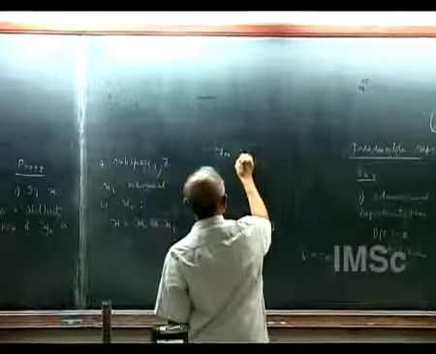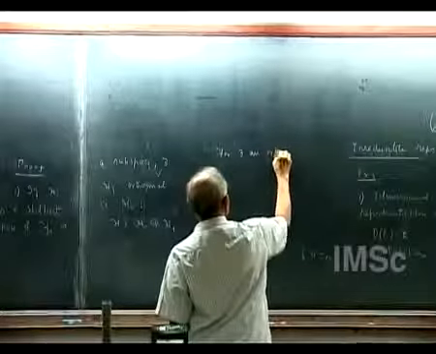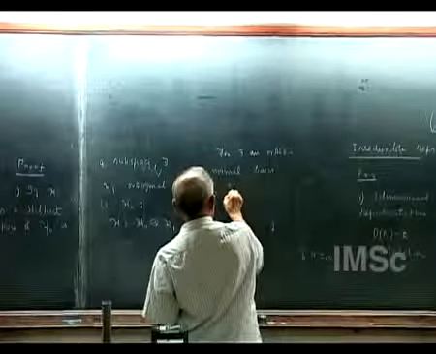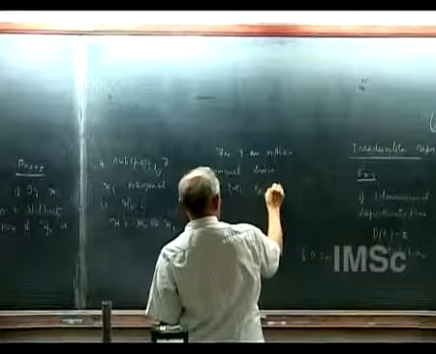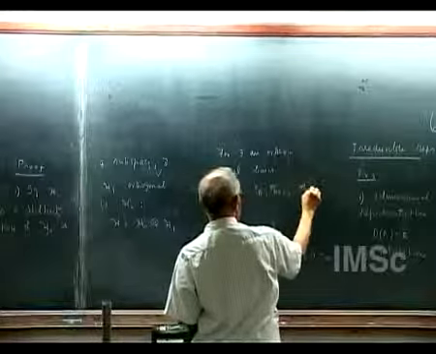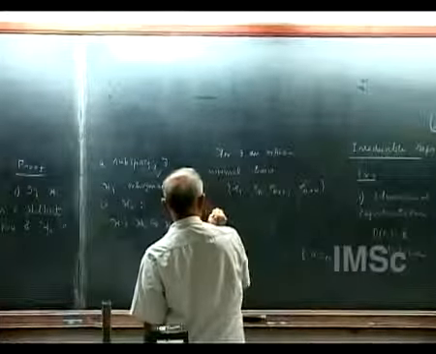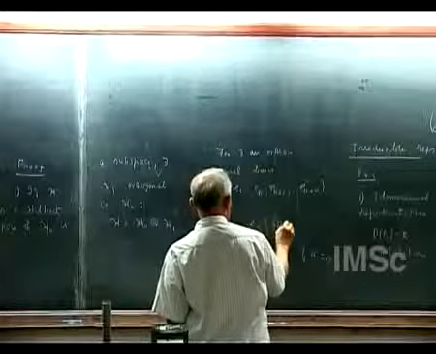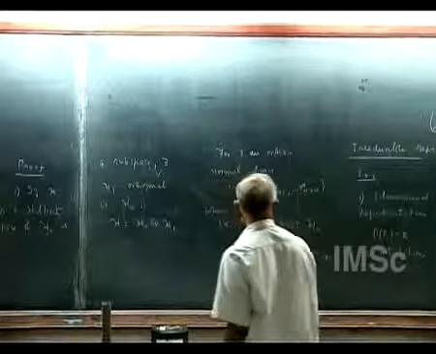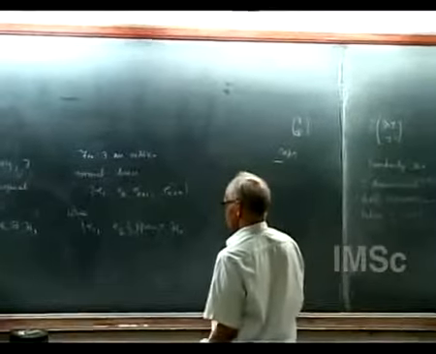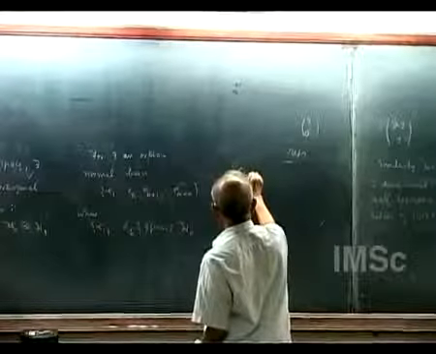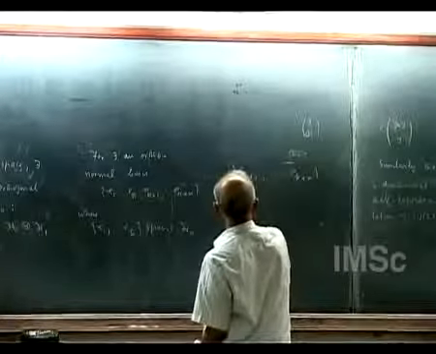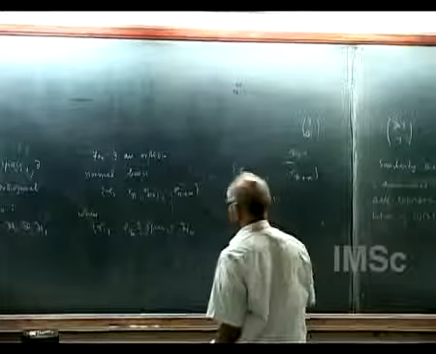So there exists an orthonormal basis E1 up to Ek, Ek plus 1, up to Ek plus n, where the first set E1 to Ek spans H0, and the rest, Ek plus 1 to Ek plus n, spans H1.